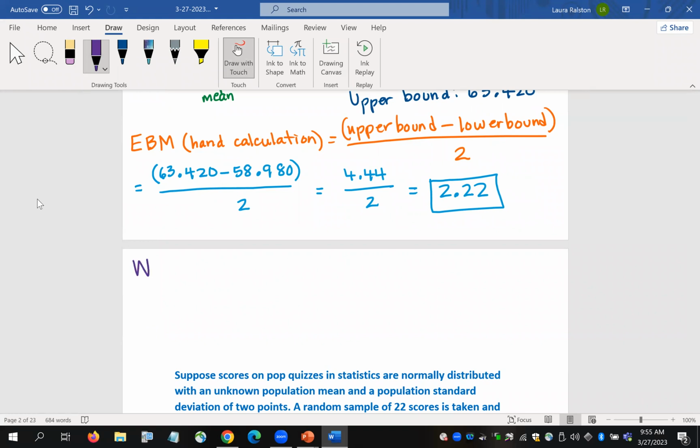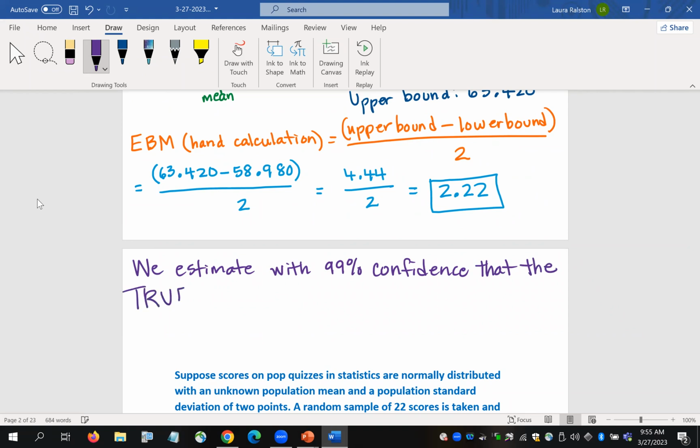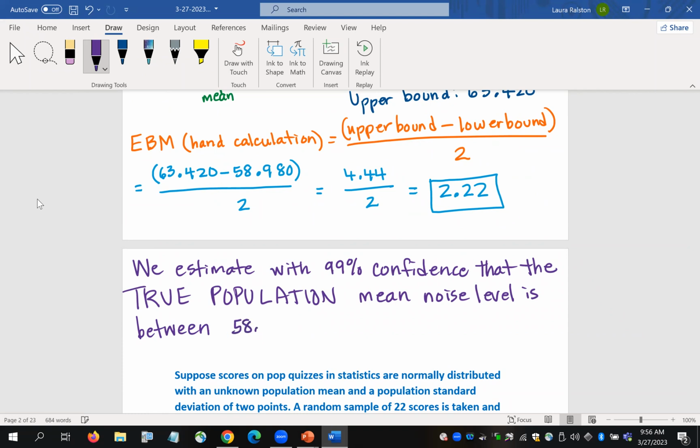And we write, we estimate with 99% confidence that the true population mean noise level is between 58.980 decibels and 63.420 decibels.